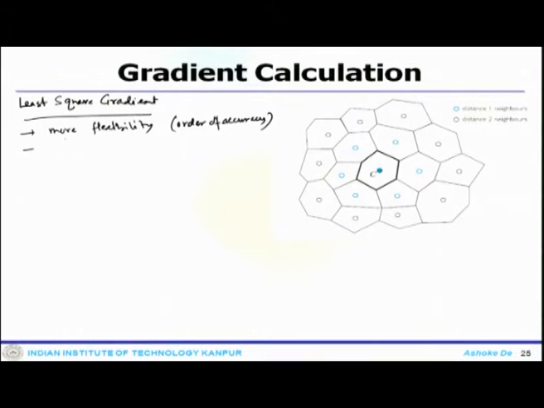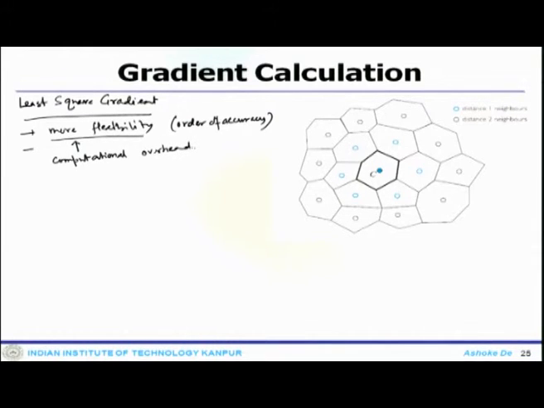And the flexibility, when we talk about the flexibility, it brings some flexibility to the table, but it actually comes at a certain cost. As proper weighting is needed for the stencil terms, the computation of weights adds some sort of a computational cost. So this is getting hit by some sort of a computational overhead.